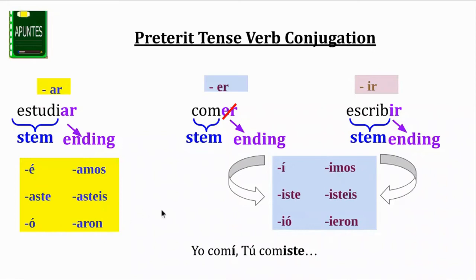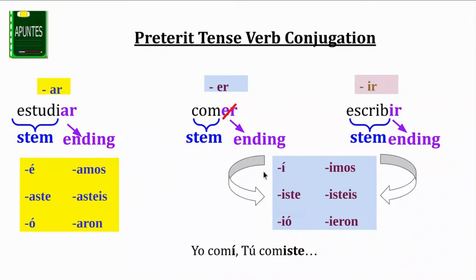Now, good news. Buenas noticias. In the preterite ER and IR verbs have the same group of endings: í, iste, ió, imos, isteis, ieron.